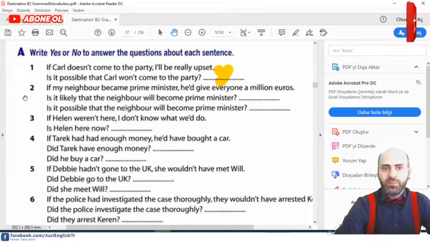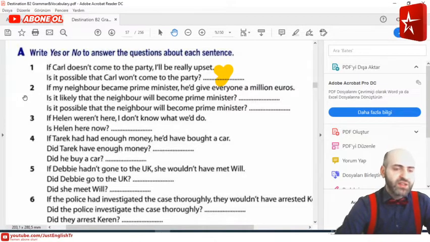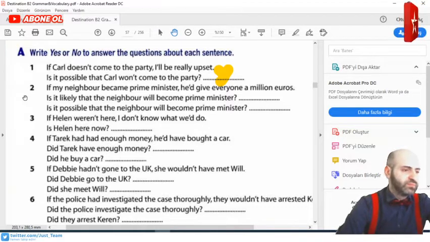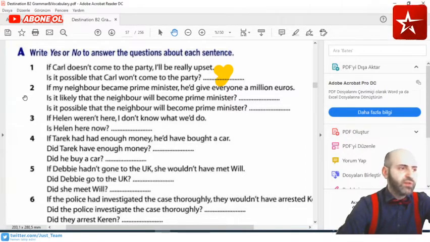And is it possible that the neighbor will become prime minister? Guys, when you write answers, can you please also write the number of the question? For example, like 2 yes or 2 no, okay? I'm waiting for your answers on YouTube or Facebook.